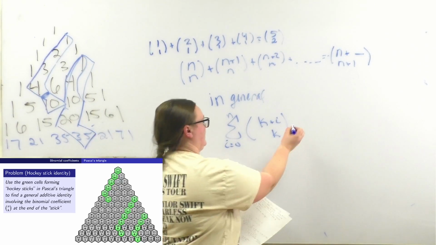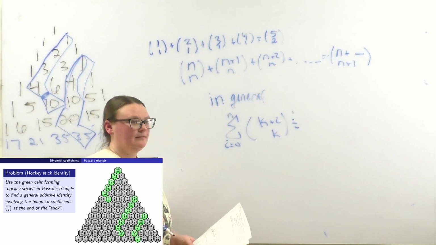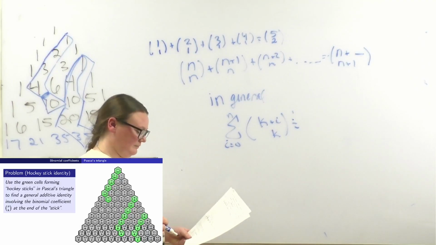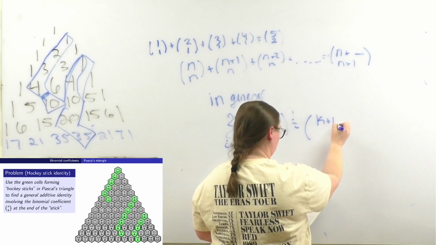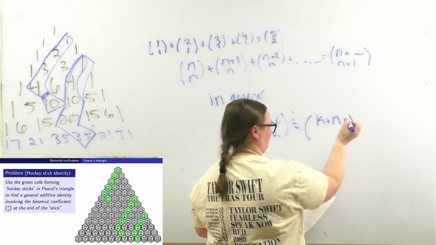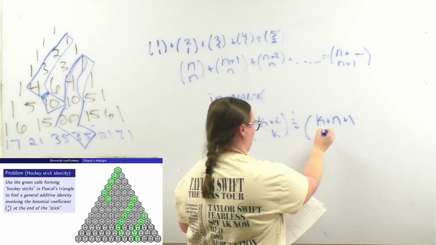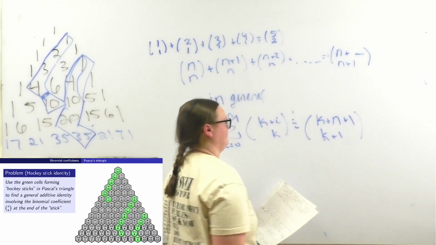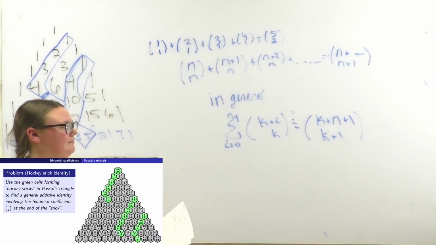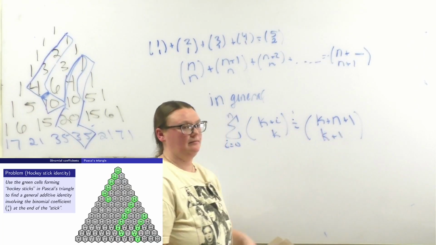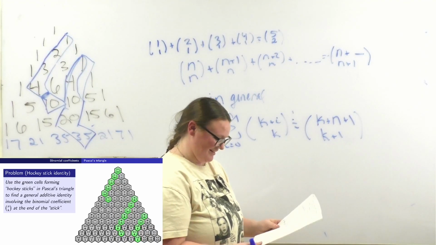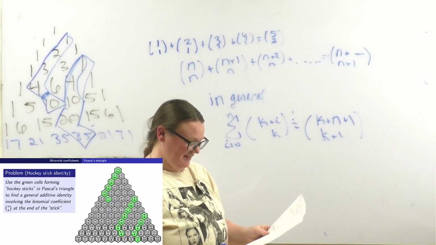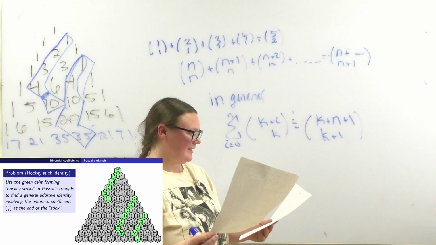And what do you think we should get on this side? Because we're going all the way to n, right? And then we need one more. Okay? And then I have on here, go women's hockey. Yeah, and that's our hockey stick identity.